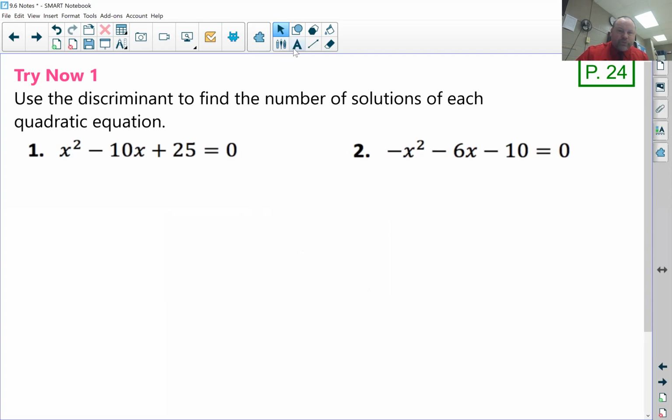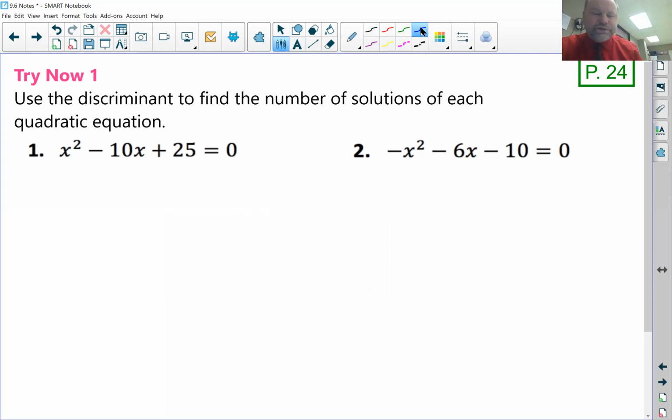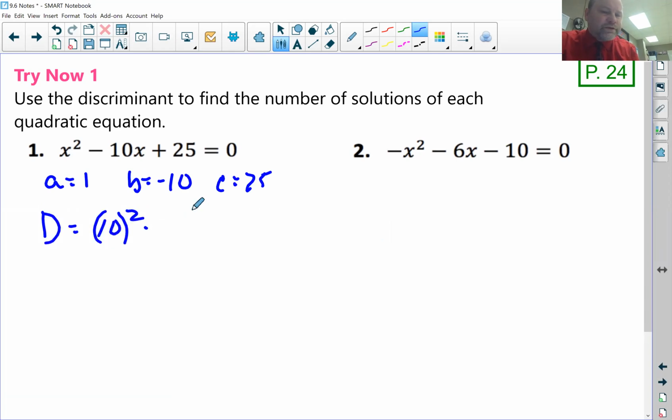All right. So for these 2 examples, A is 1, B negative 10, C 25. The discriminant would be (-10) squared minus 4 times 1 times 25.